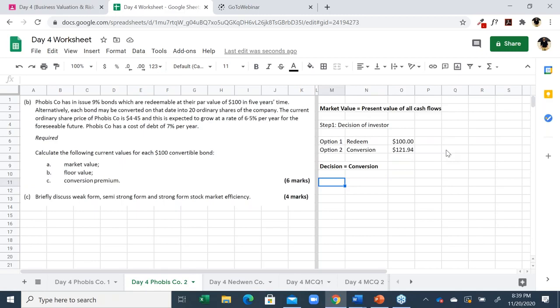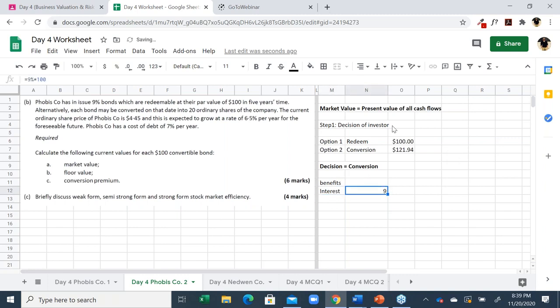Now the cash flows or the benefits that this company will be receiving will be in two forms: interest, which will be 9% multiplied by the par value of 100.